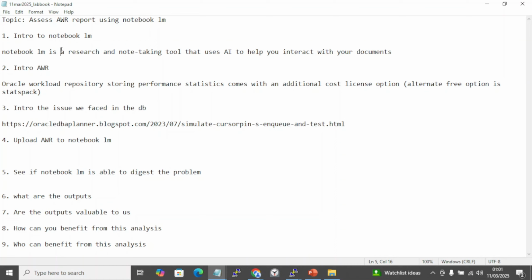This AWR performance report already categorizes the overall performance into multiple sections in the database, and you will be able to easily diagnose problems with it. It presents things in such a nice manner that even a non-Oracle DBA with a good background in systems will be able to interpret what particular situation or issue the database is going through.